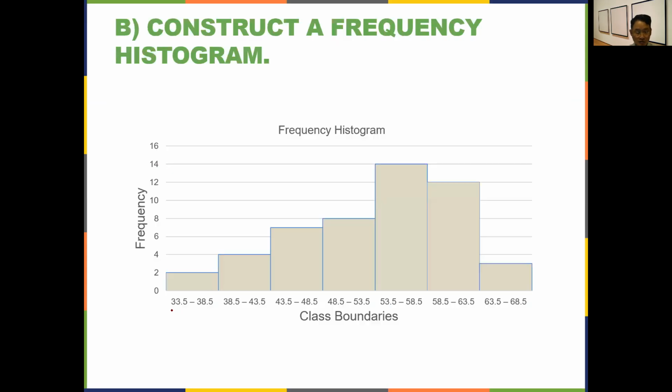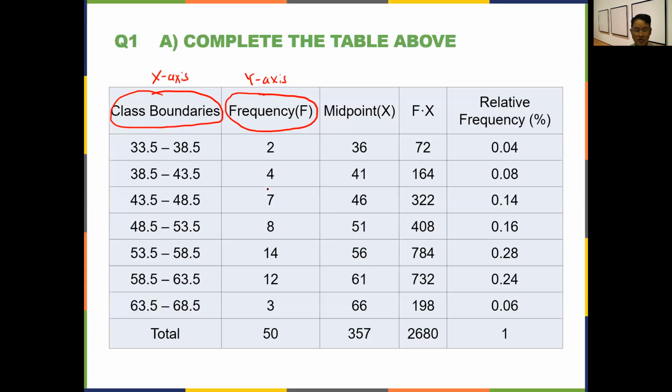So look at this number right there. Where do you think they got this number? I mean, it even says it here, class boundary. So 33.5 goes up to 38.5. This is the first class, and they put it like that. And what was the frequency of the first class? I mean, it goes up to 2, right? Let's check, right?